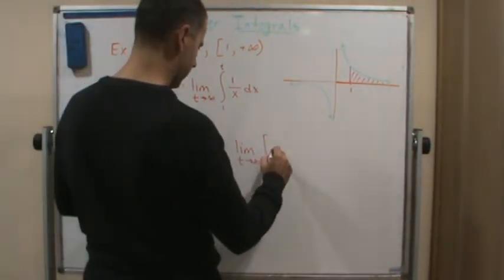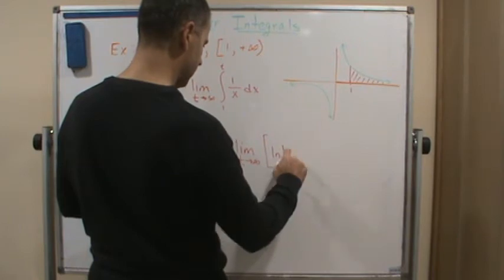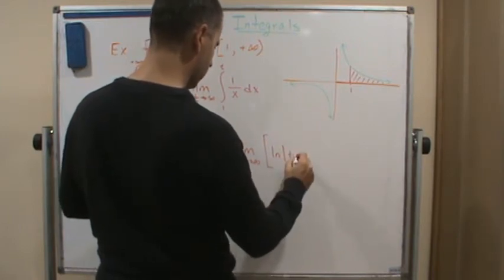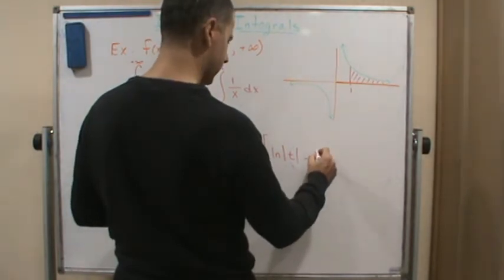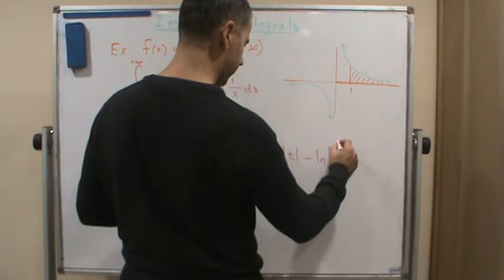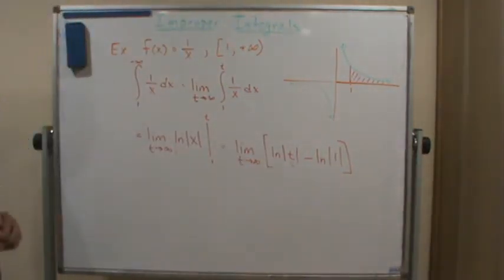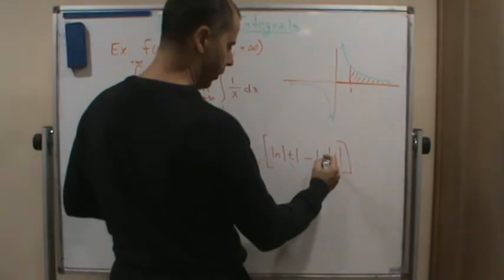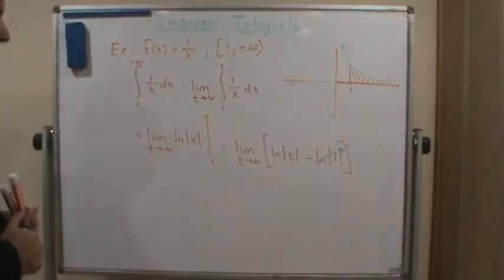So this is going to be the natural log of the absolute value of t minus the natural log of the absolute value of 1, as such, right? Now, the thing is the natural log of 1 is just 0. Okay, so that goes away.